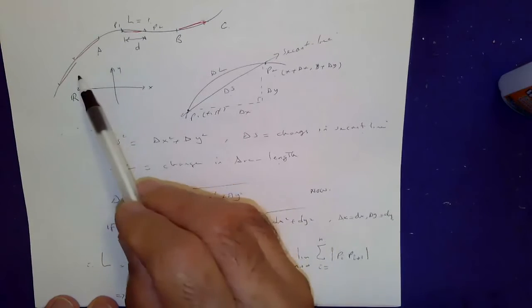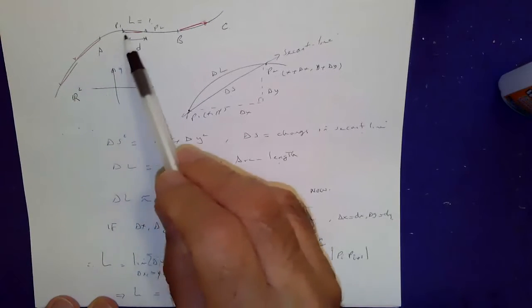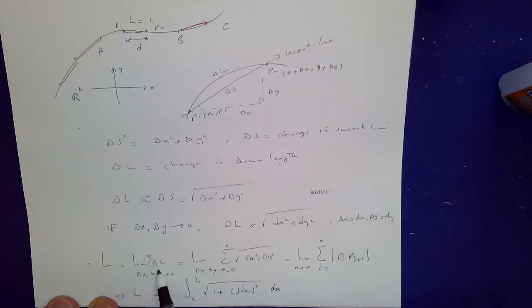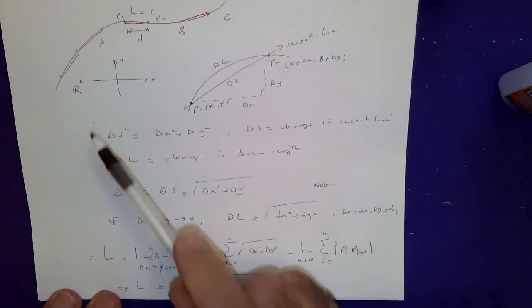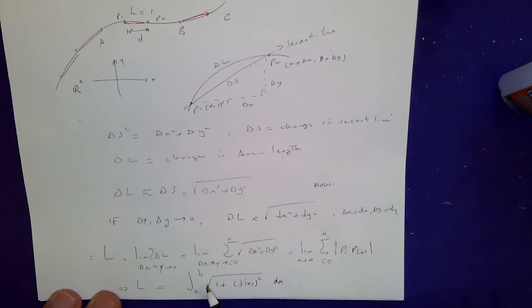So if you add up the lengths of these little pieces of line segments, and let i go from, let's say, 1 to infinity, so that means you add an infinite number of line segments.